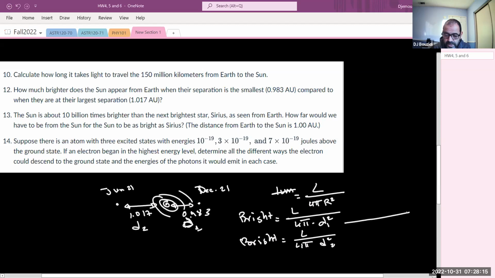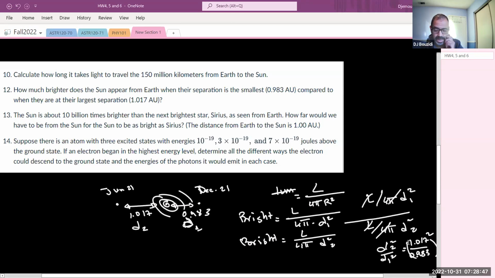So if I take the ratio of these two, I'm going to find luminosity over 4 pi divided by the distance squared, divided by L over 4 pi divided by the distance squared. Everything cancels actually, and the ratio flips because you're dividing a fraction over a fraction. So at the end, the ratio is going to be just D2 squared over D1 squared, which is just 1.017 over 0.983, the whole thing squared.